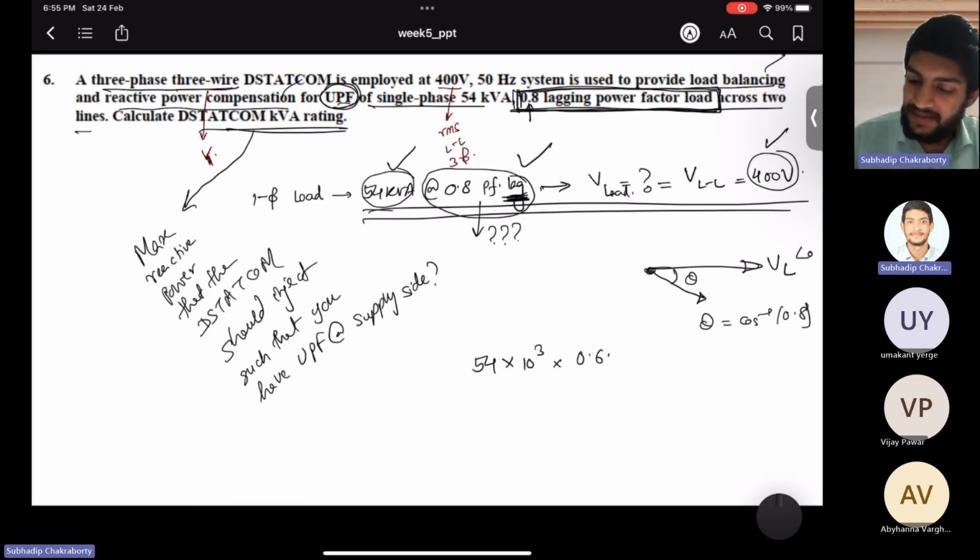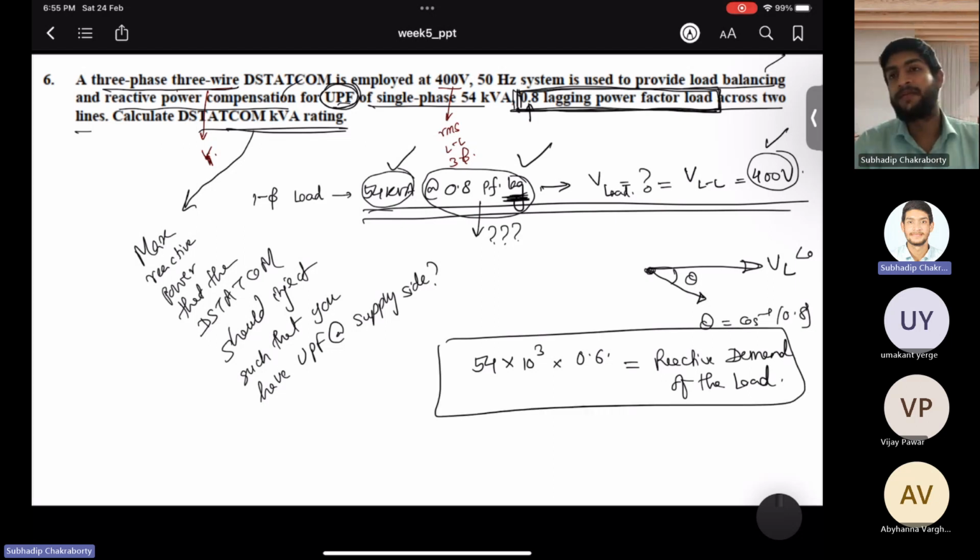It is giving me the reactive demand of the load, right? But what you need is the DSTATCOM currents.